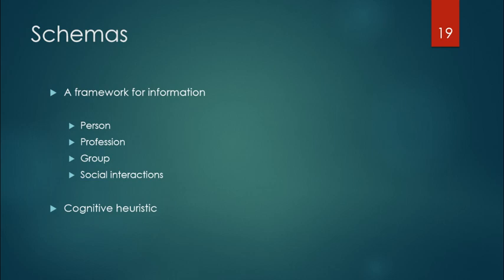If someone says they're a professional athlete, that means certain things to us. We typically think of them as being very much in shape. We typically think of them as being very active, very healthy, different things of that sort. We have schemas for different groups. We have schemas for social interactions.